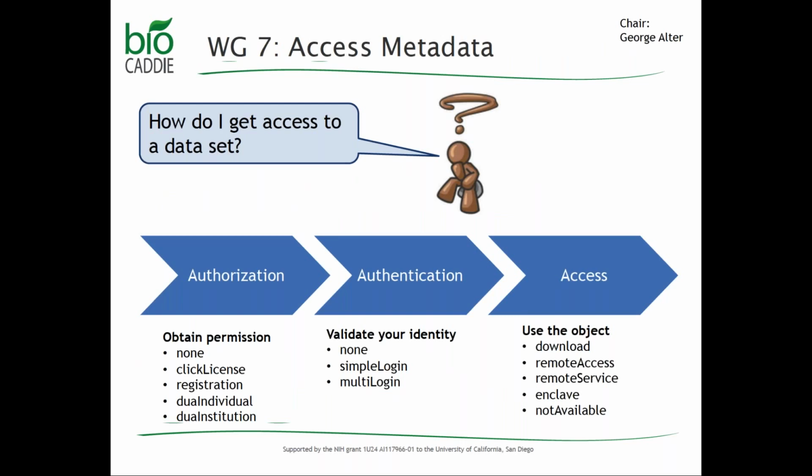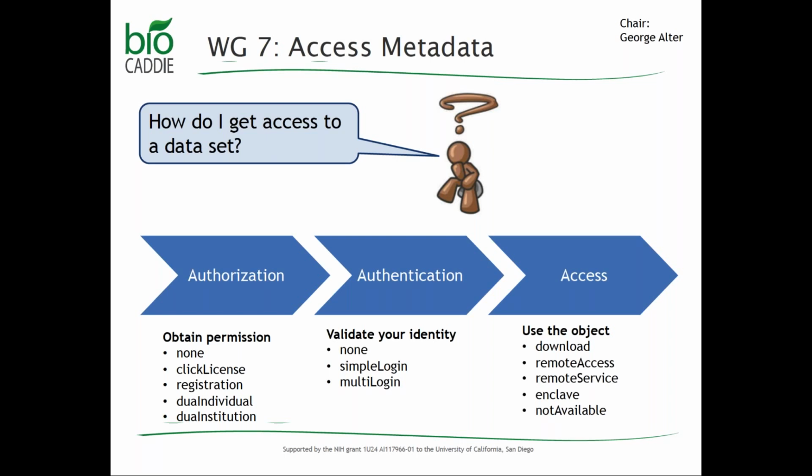Accessibility metadata was also very important. So, led by George Outer from the University of Michigan, a working group decided what would be the initial set of metadata related to authorization, authentication, and access. And this has also been incorporated into DATS 2.1.